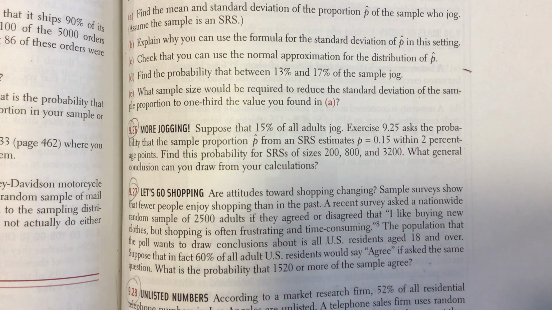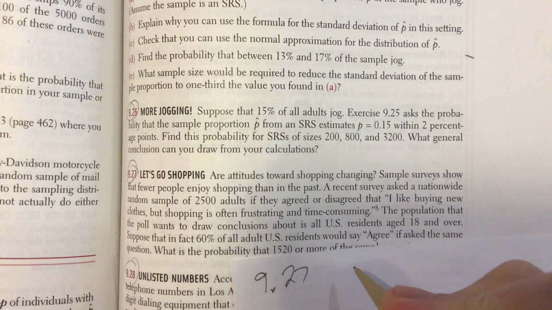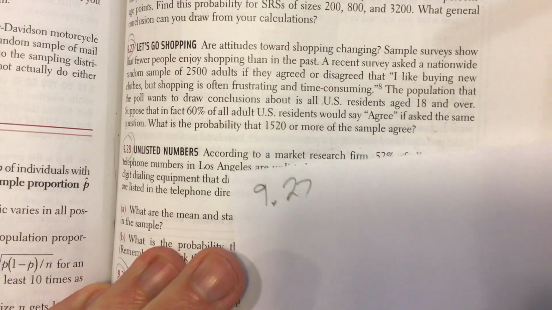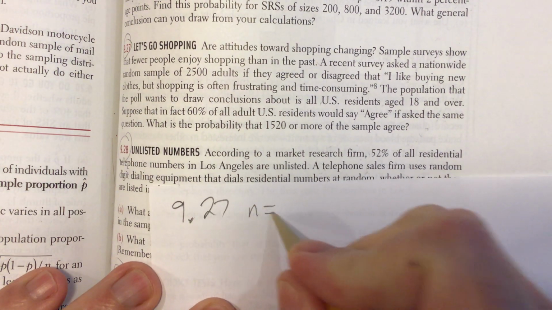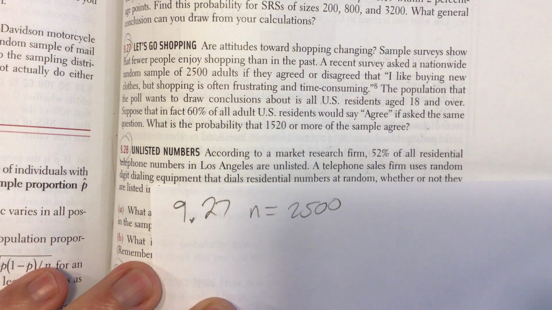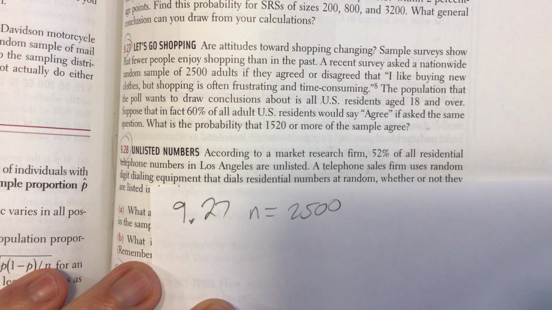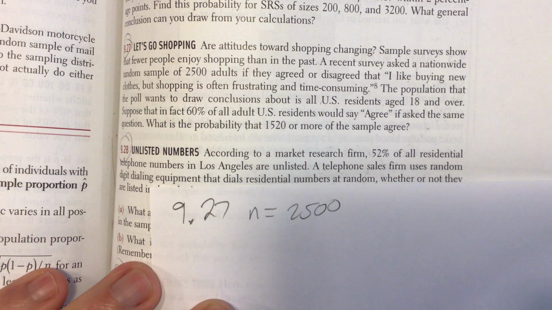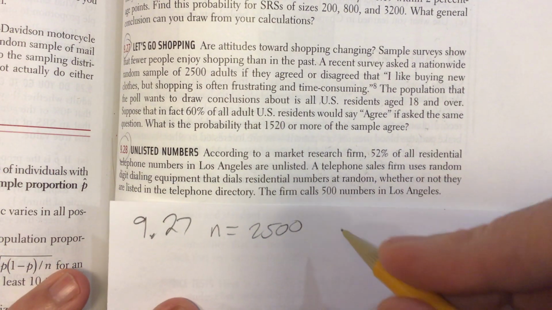Okay, so we have a sample size of 2,500. All U.S. residents aged 18 and over, so we are safe to use our standard deviation formula, right?